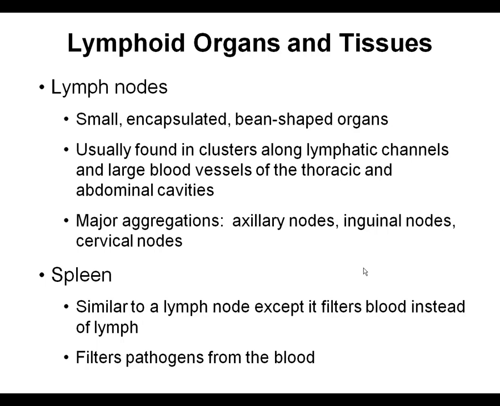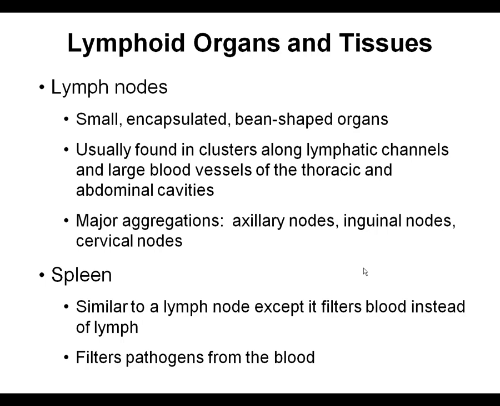Lymph nodes are very small, encapsulated structures. All the pictures that I've seen remind me a little bit of edamame. These are going to be found generally in clusters along the channels, particularly at the large blood vessels, like we saw with the left subclavian artery, or excuse me, left subclavian vein of that one picture.